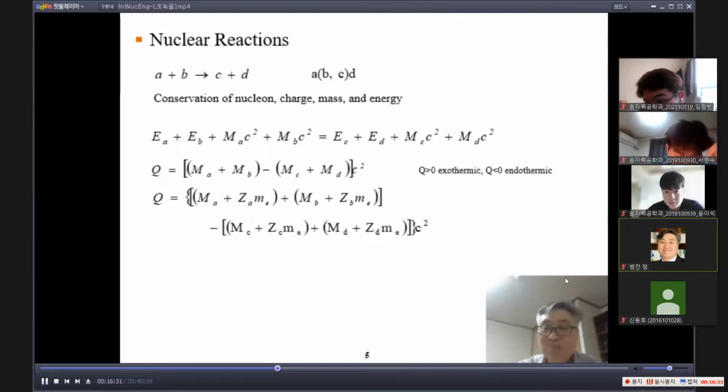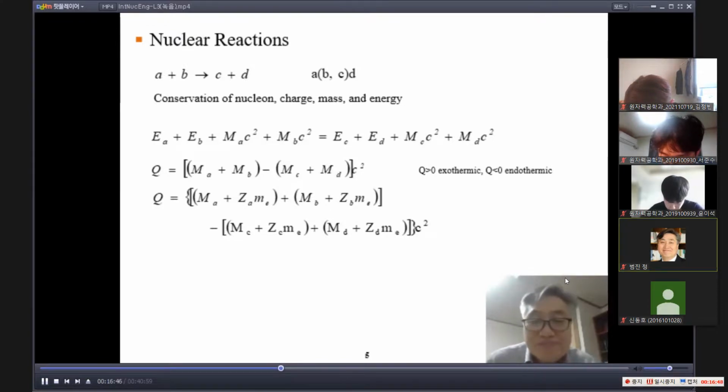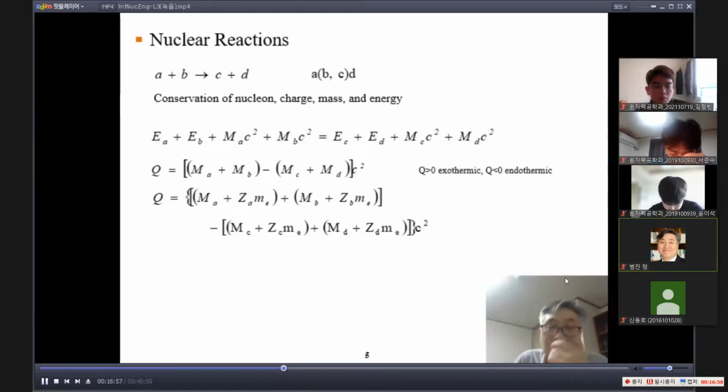So if Q is plus, we call it exothermic, 발열 반응. When Q is less than 0, we call it endothermic, 흡열 반응이라고 합니다. So this is the nuclear reaction. This is a basic principle of nuclear reaction, and it applies to nuclear fission as well.